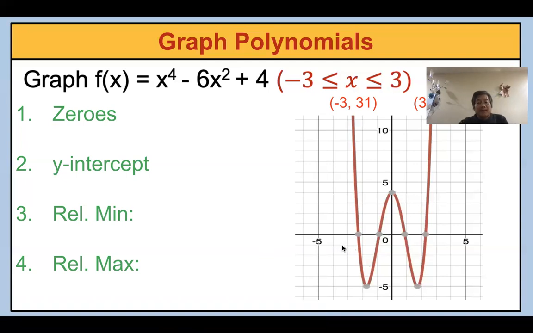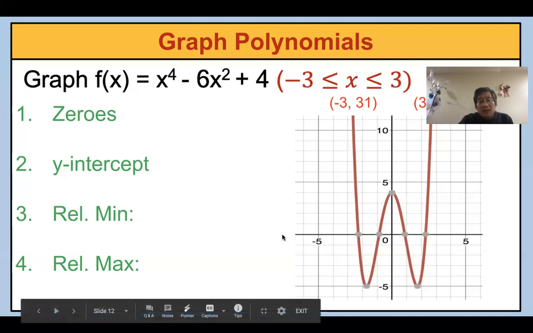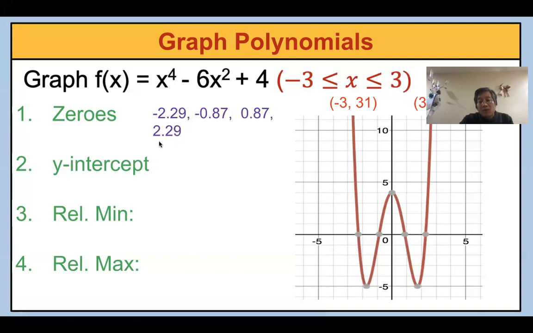Now, let's find the 4 zeros, one zero at a time. I want to find this one, and then the other ones you can find by repeating the same steps again and again. So if you do it, you will have 4 zeros like this: -2.29, which you should write down here, and negative 0.87, write down here, 0.87, and 2.29.